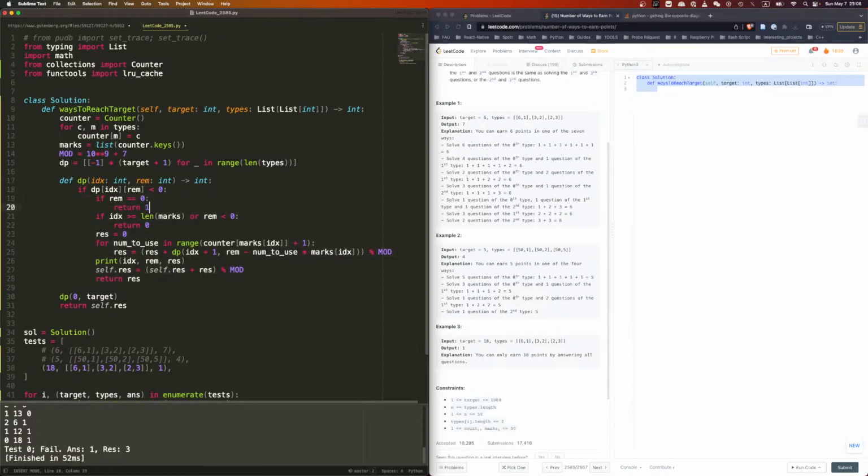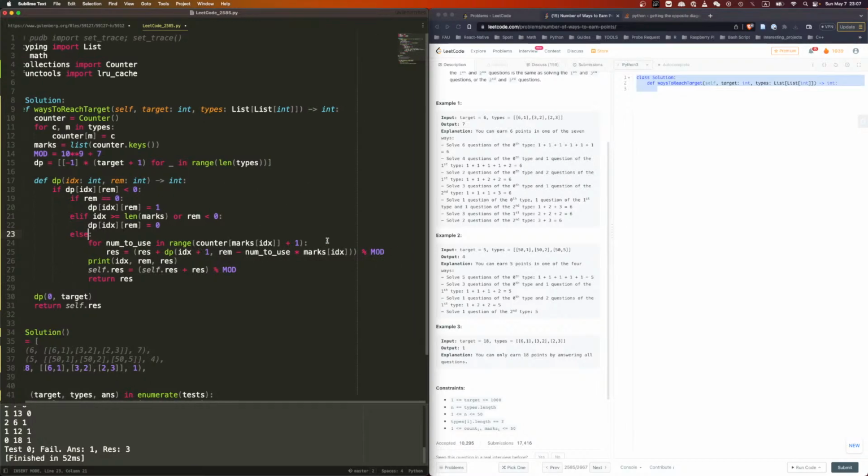Okay, if this, then we say dp index remaining equals 1. If this, we say it's going to be 0. Okay, elif, right? Else, we say for num blah blah blah. Rest equals rest plus this.